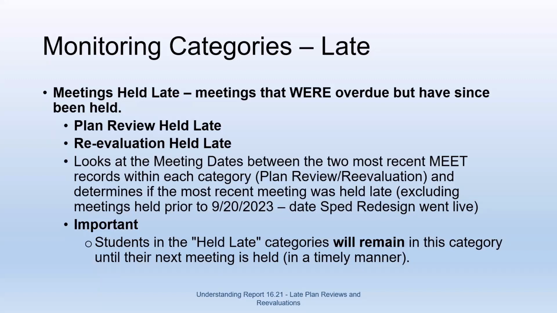And the reason that date is significant is because that's when the new SPED redesign went live. And so we didn't want kids that had meetings prior to that to show up in these categories because the number of lates that would have been in these categories based on the SPED file data creation would have been enormous. Okay, so just know that there is that little caveat.